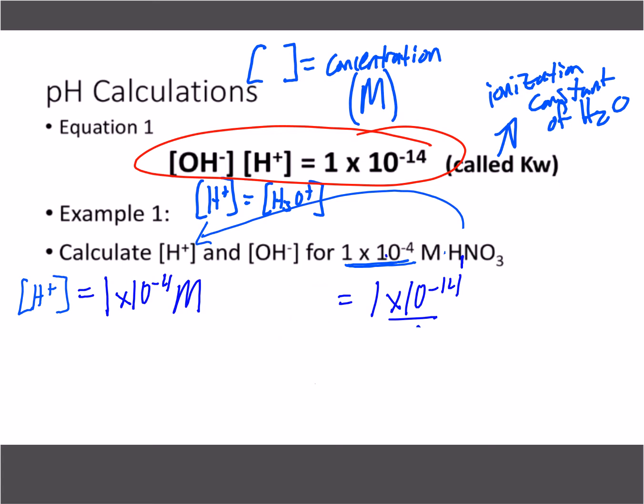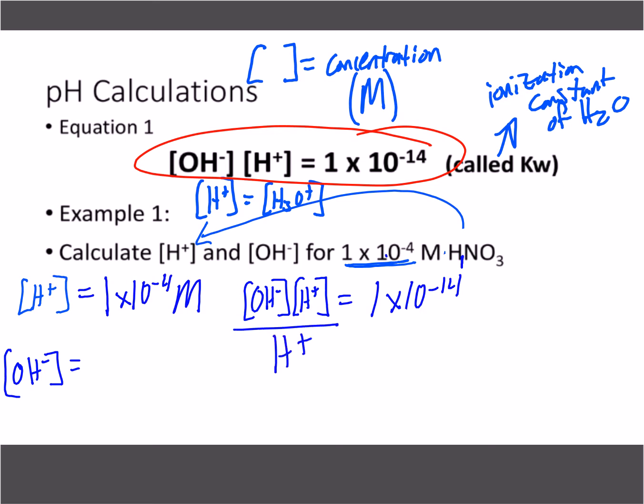Now, you just showed me that you can solve this equation no problem. OH minus concentration times hydrogen ion concentration equals that. Though the variables look different because there are brackets and charges, the math is exactly the same. Which of those 2 ions do I already know? H+. So I need to get OH minus, the one I'm looking for, by itself. How do I do that?